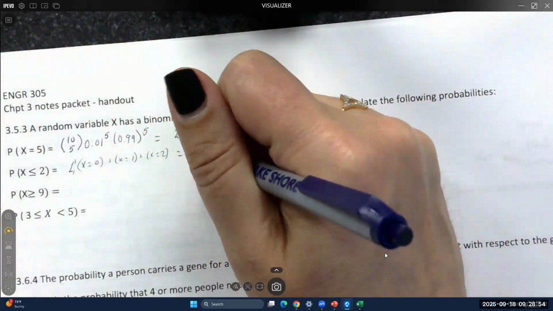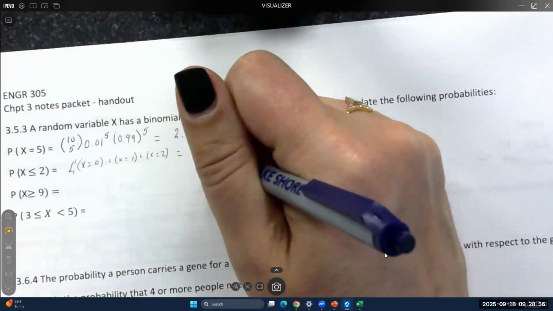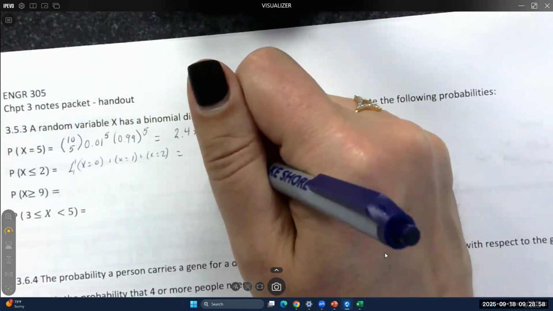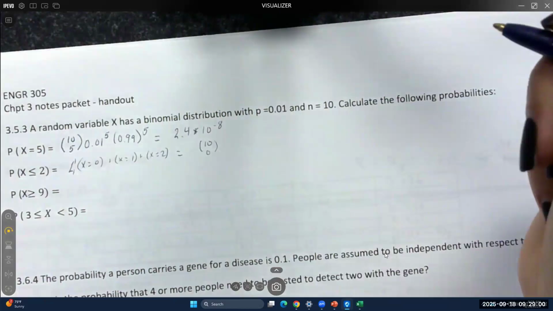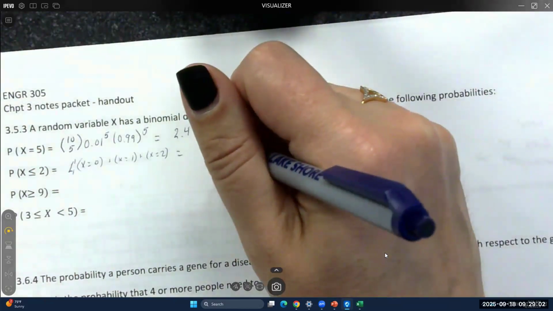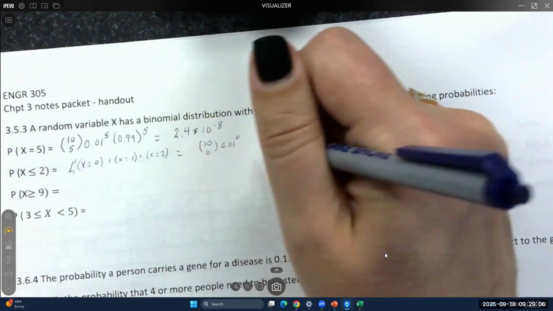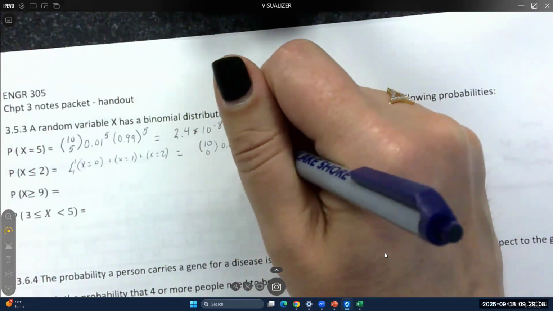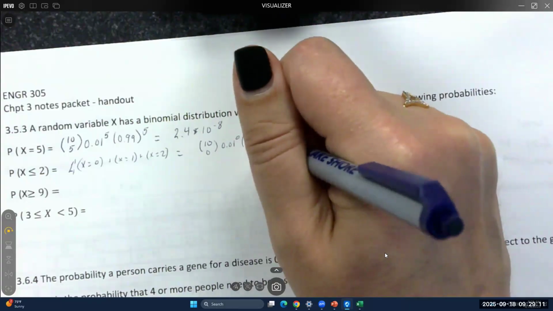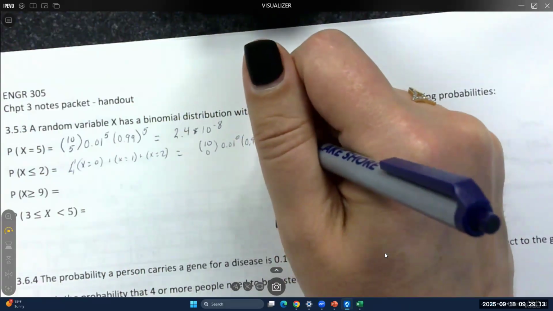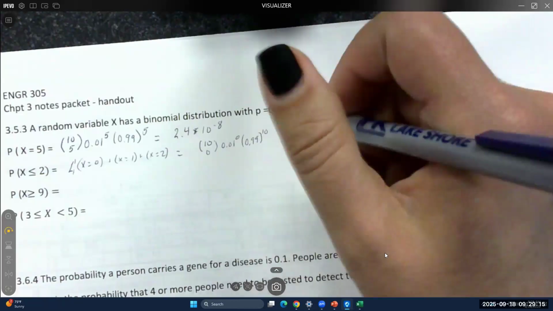So this is 10 total trials, with 0 successes. And so that's 0.01 to the 0, which is 1, times 0.99 to the n minus 0, which is 10.